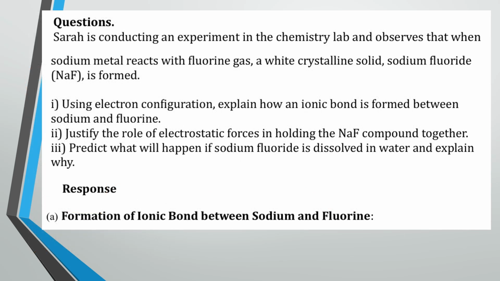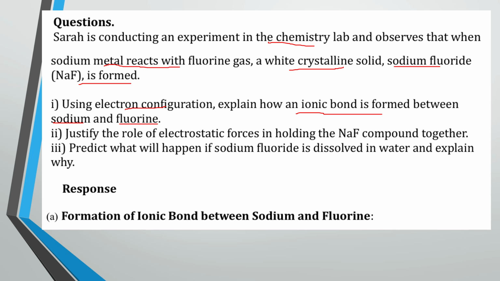So with that, let's look at a sample question under that. Sarah is conducting an experiment in the chemistry lab and she observes that when sodium metal reacts with fluorine gas, a white crystalline solid, sodium fluoride, is formed. One, use electronic configuration to explain how this ionic bond is formed between the sodium atom and the fluorine element.